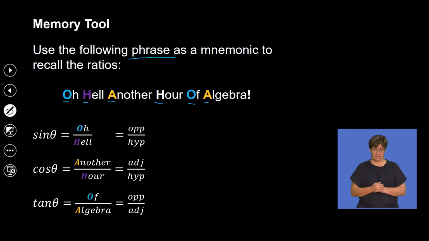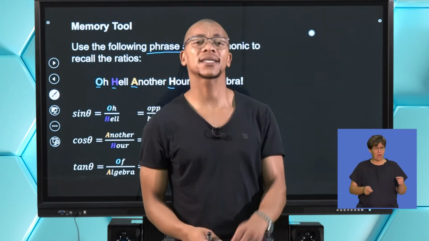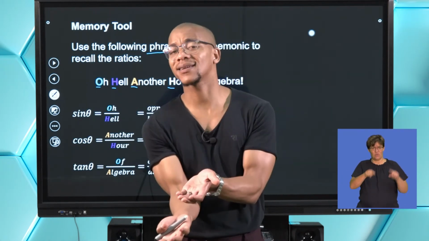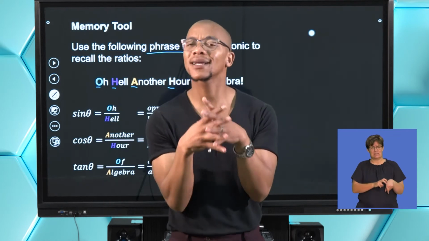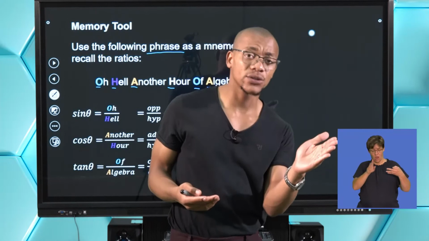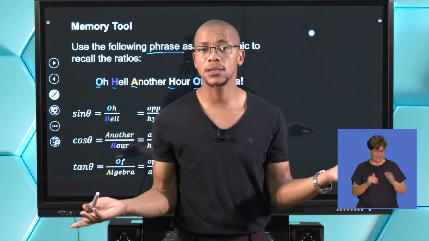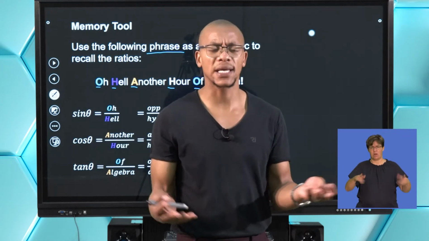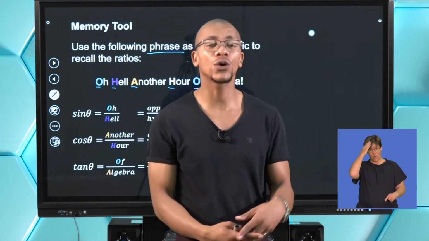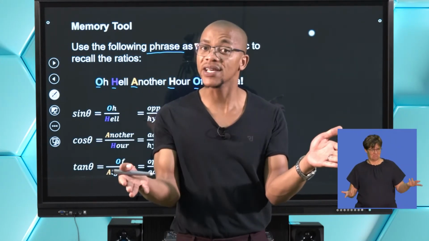Now, I'm not going to give you a phrase to remember the reciprocals. Remember that a reciprocal is just 1 over the given ratio. So you don't necessarily need to memorize the reciprocals. You need to know the ratios. If you know your ratios, you know their reciprocals. It's like synonyms and antonyms: if you know what the opposite of no is, it will definitely be yes. There's nothing else.